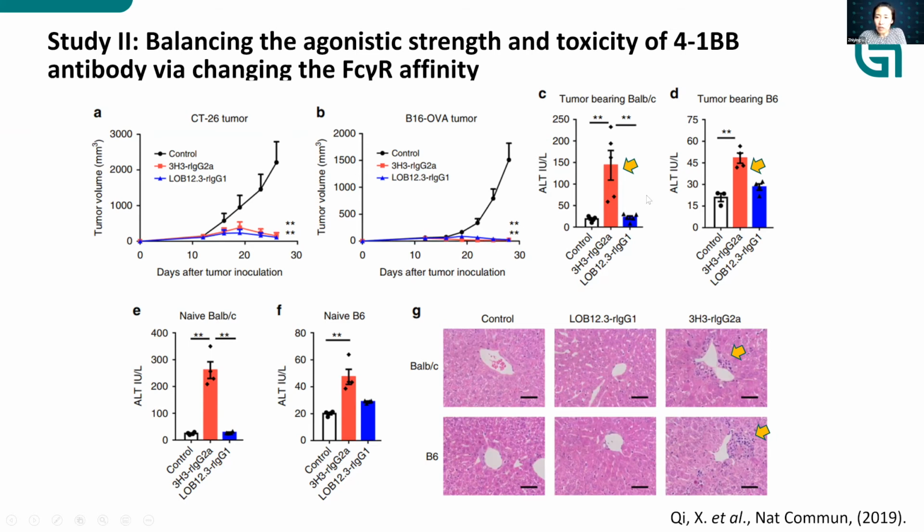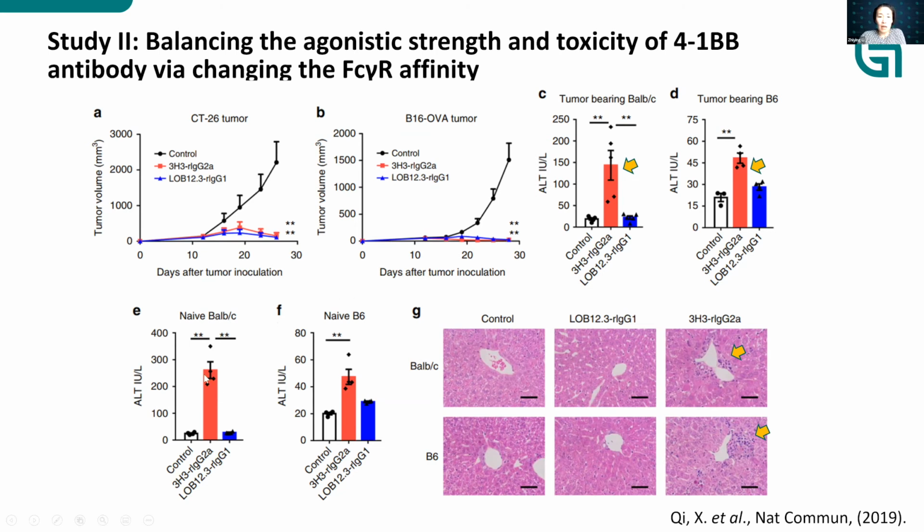When they look at the adverse effect, though, in the BALB/c animal, which corresponds to the CT26, and the B6 corresponding to the B16 ova tumor cells, the antibody itself, especially the one with high affinity, elicits a strong adverse effect, as shown by the liver toxicity, the ALT measurement. As you can tell, the low affinity one has a much better adverse effect profile.